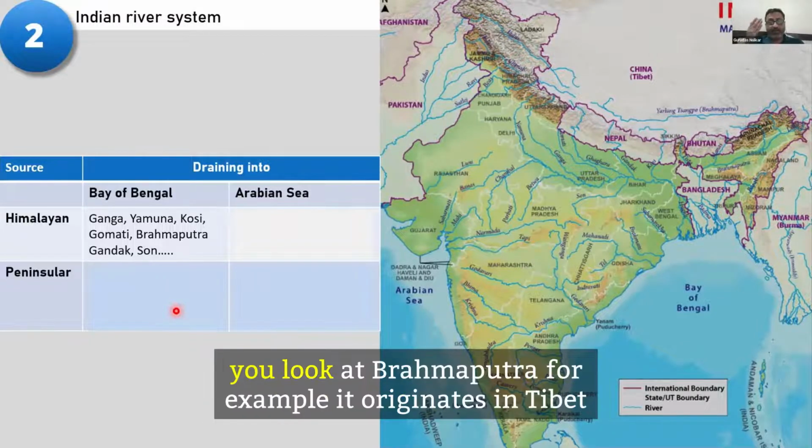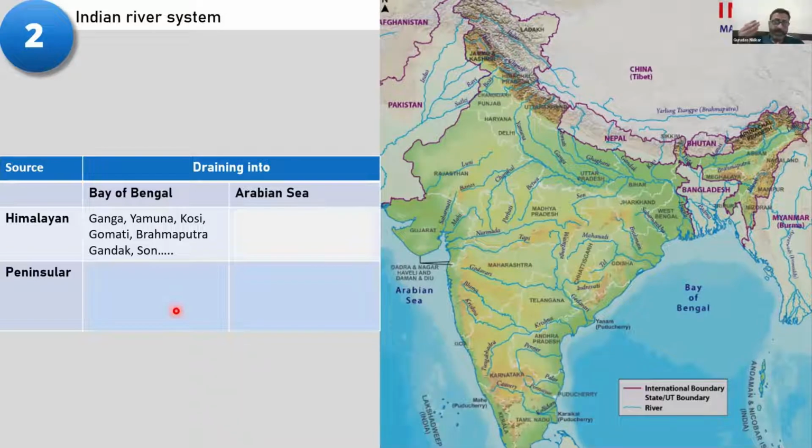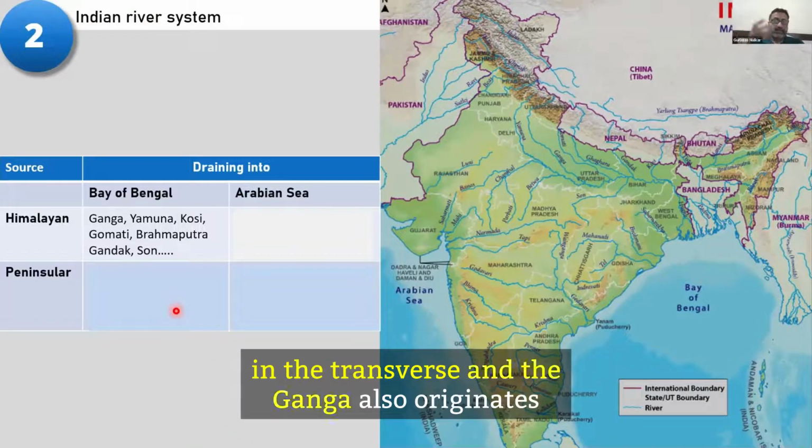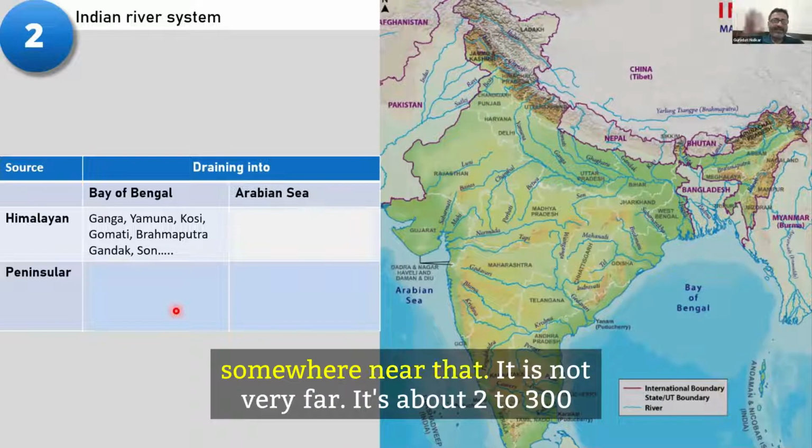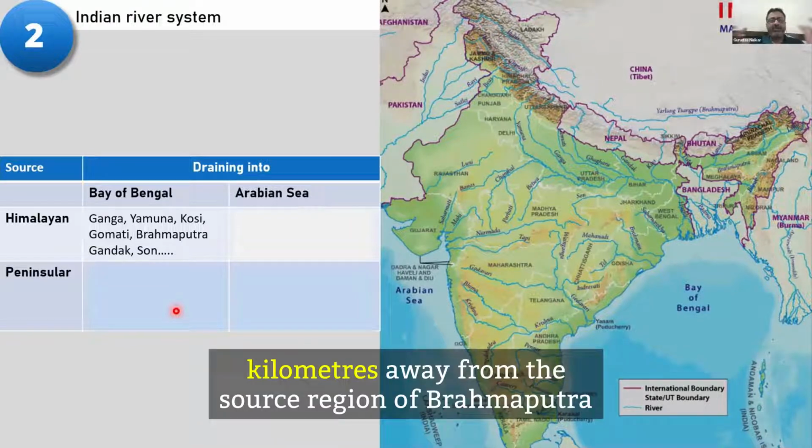So if you look at the Brahmaputra, for example, it originates in Tibet, in the Trans-Himalayas, and the Ganga also originates somewhere near that. It's not very far, about 200 to 300 kilometers away from the source region of the Brahmaputra.